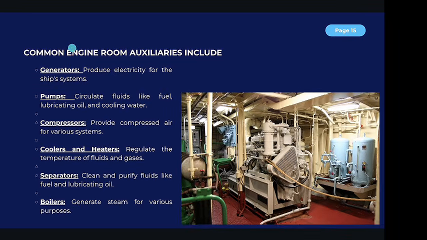I have here a list of the common engine room auxiliaries that you can find. First is what we call the generators. As I said, a generator produces electricity for the ship systems.